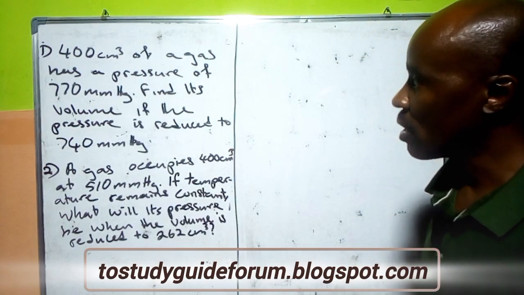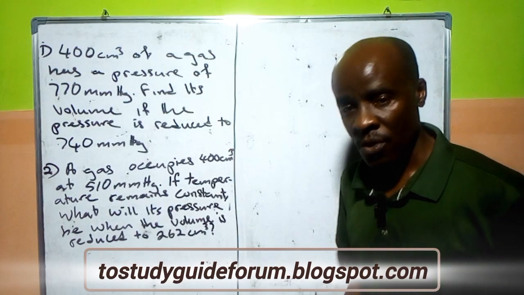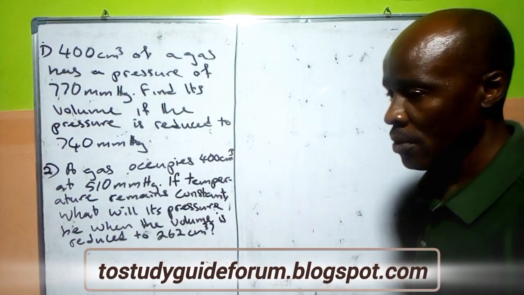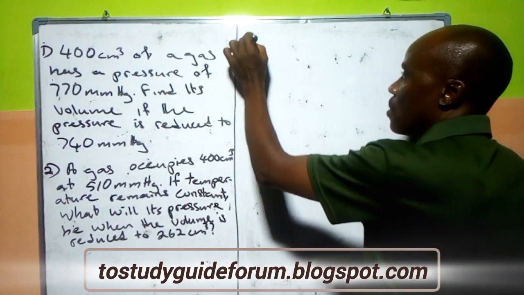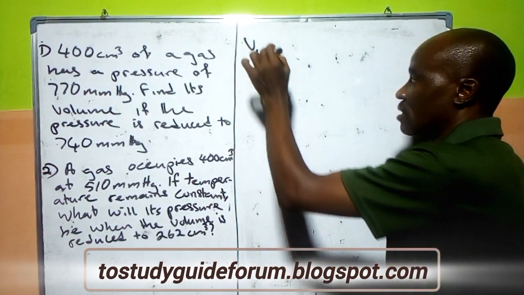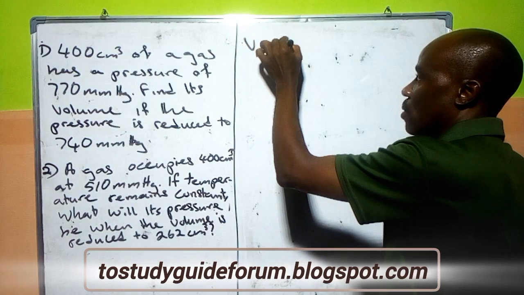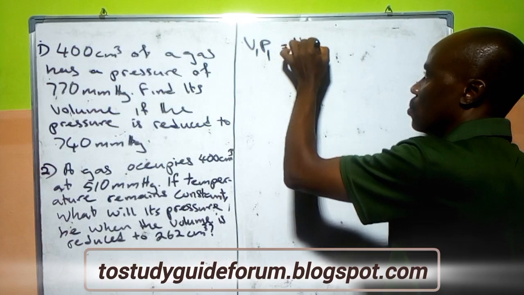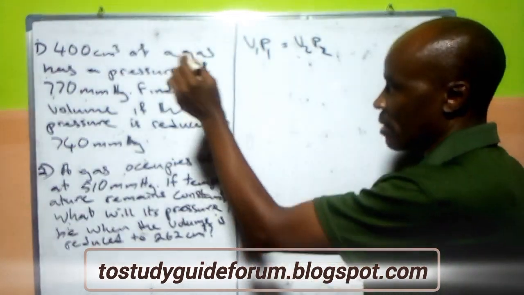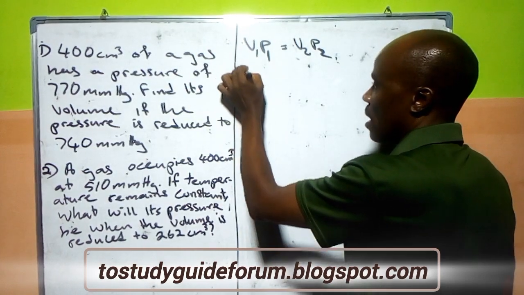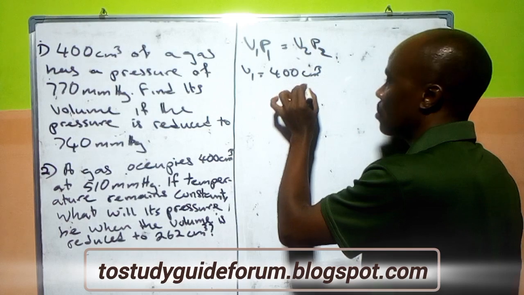So now, if you look at this more like comparing the two gases in order to get what we are looking for, we know that the constant remains the same. From what we have already stated, P1V1 is equal to P2V2. So that's what we have. In this case, our V1, the volume 1, is 400 cm cube.